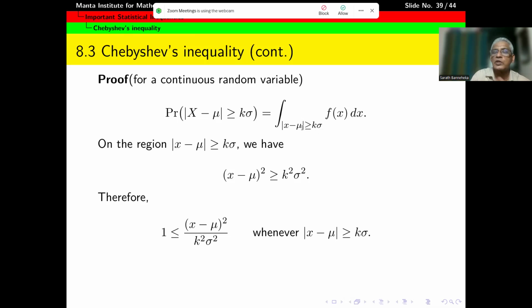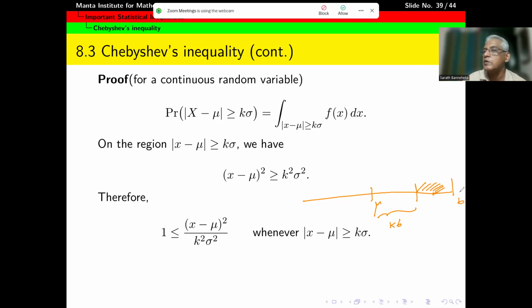So this will therefore be the union of those two areas, right? If I consider, for example, a real line, suppose this is the mu value, that is the expected value of x. So |x minus mu| greater than or equal to k sigma is going to be something like this. If this distance is k times sigma, this interval here from this point to infinity, or it might go only up to a certain b value.